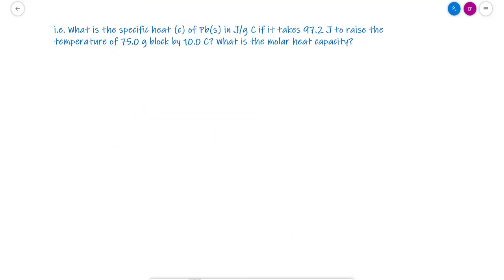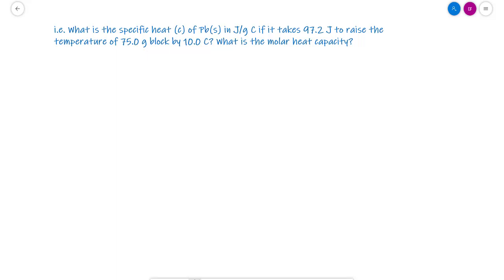So let's do a quick example here where we're not doing calorimetry per se. This is a step before we get to calorimetry, but we're using some physical data to actually measure what the heat capacity of a substance is, in this case lead.